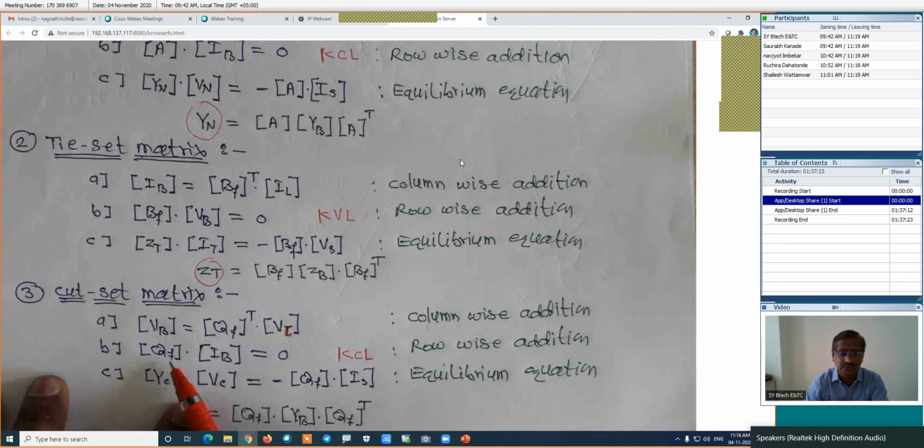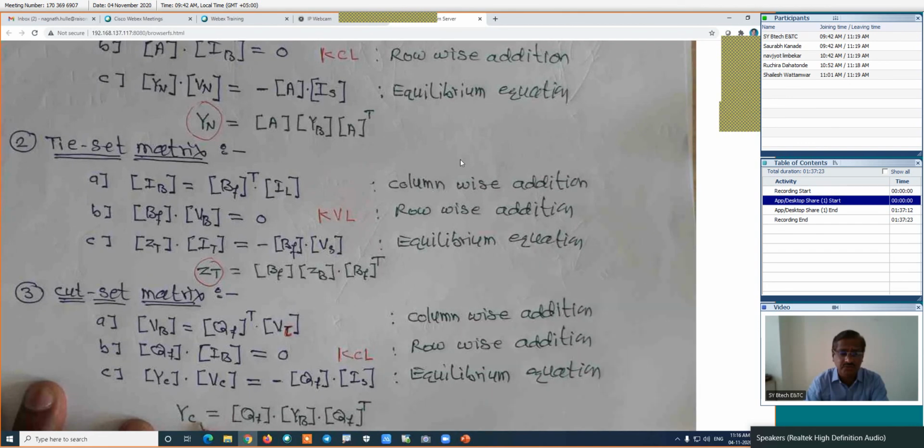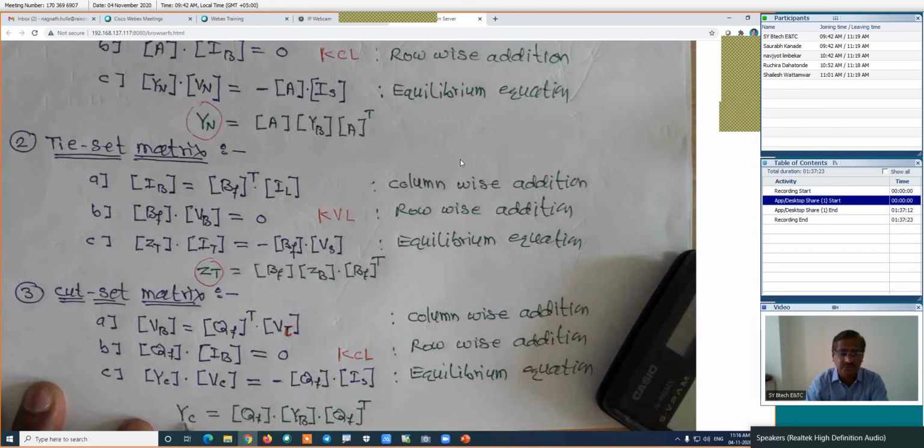QF into IB equal to 0 is the KCL. And YC into VC is equal to minus QF into IS. This is the equilibrium equation. In this case, YC, the cut set admittance, is equal to QF into YB into QF transpose.